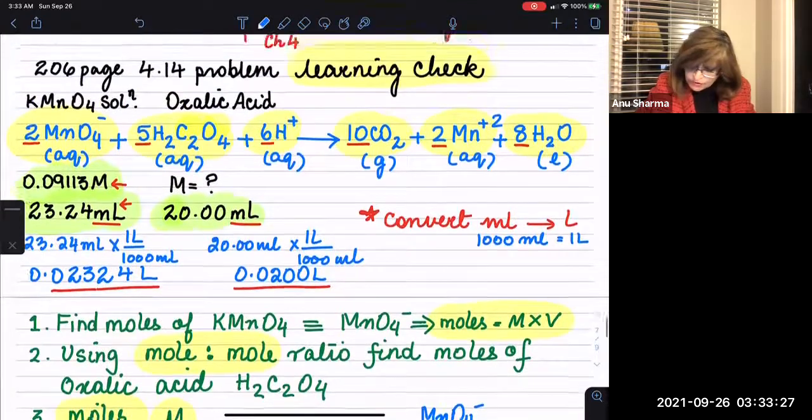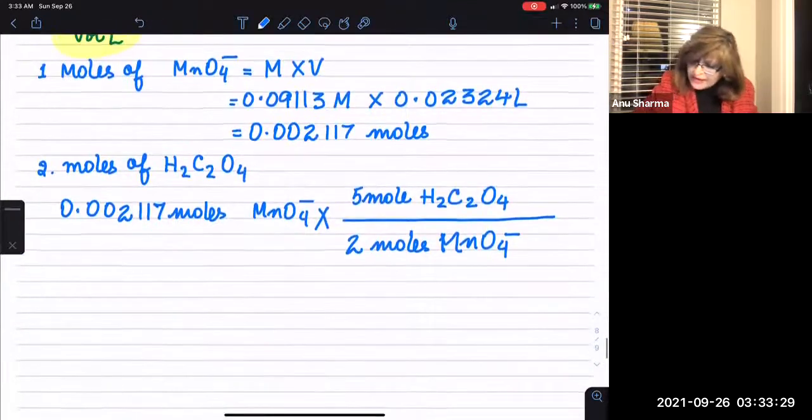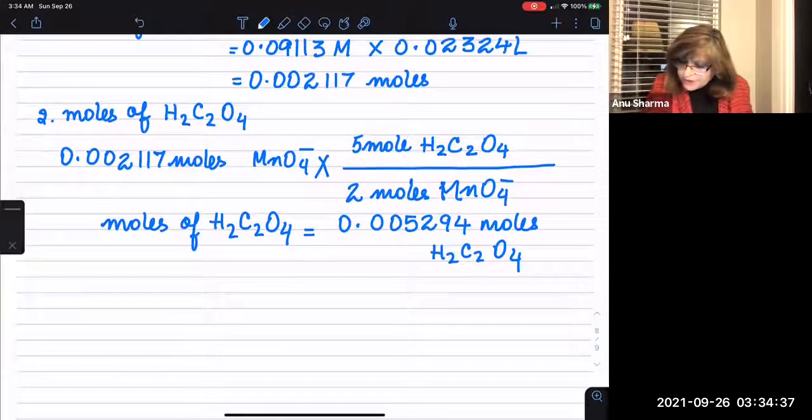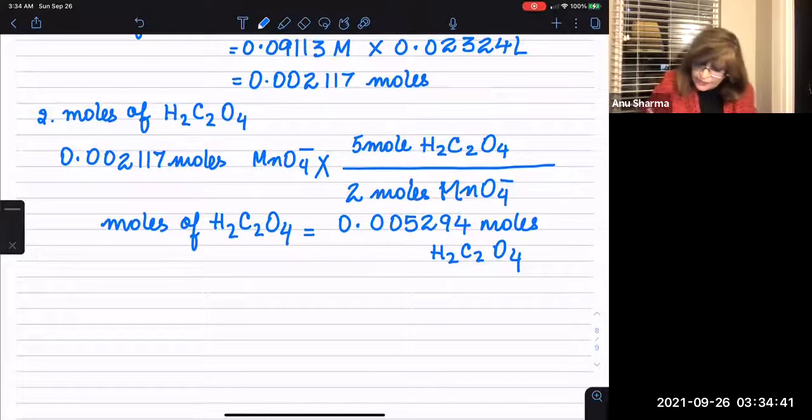So I just brought it back to that. Okay, next, let's do the calculations. When we do the calculations, we get the moles of oxalic acid 0.005294.